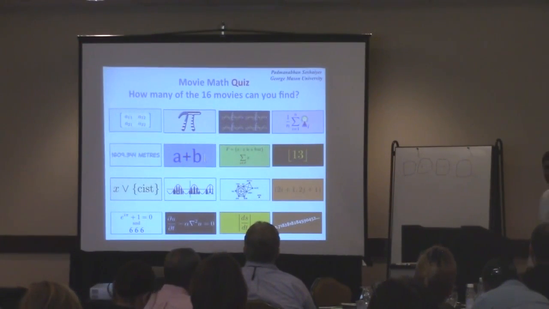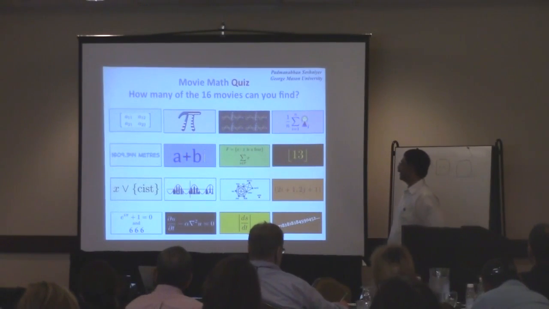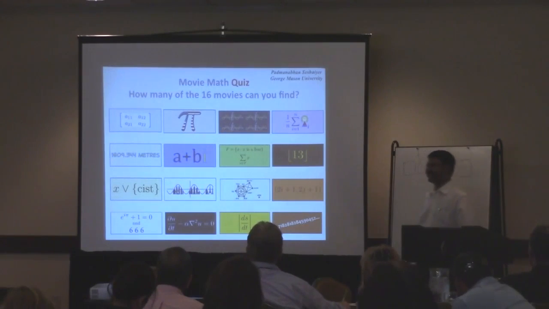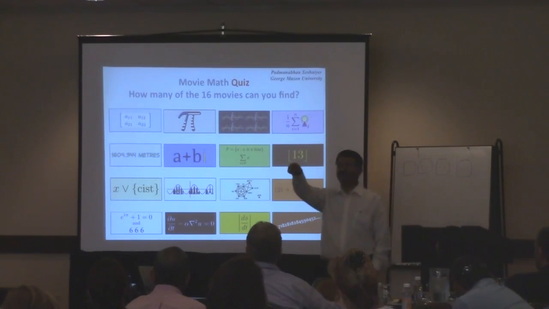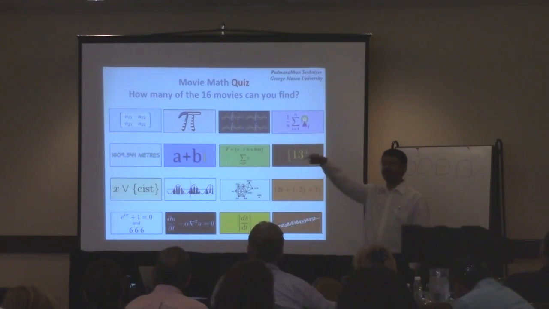I see some familiar faces here. Exorcist. Come on, 30 seconds over. Let's see which table gets the most. It's a competition now, so go for it. Go ahead, work as a team.